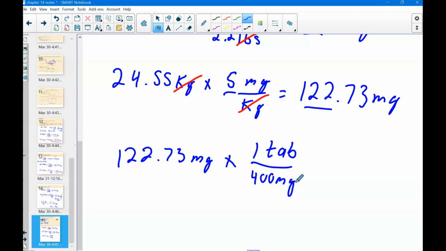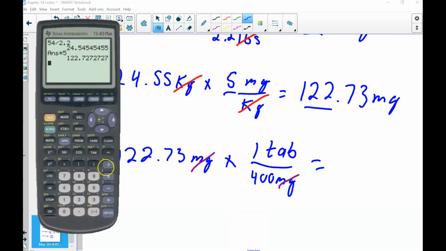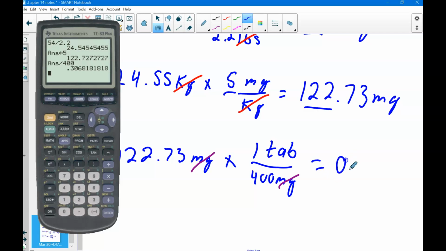And you see it's the same thing with dimensional analysis. Milligrams always cancel out. And we have that number there divided by 400, which gives us 0.31 tablets.